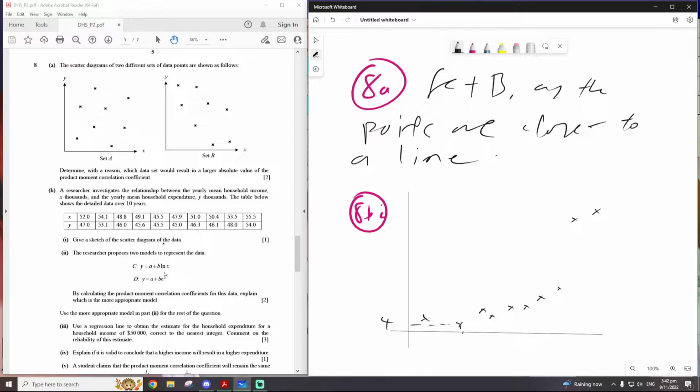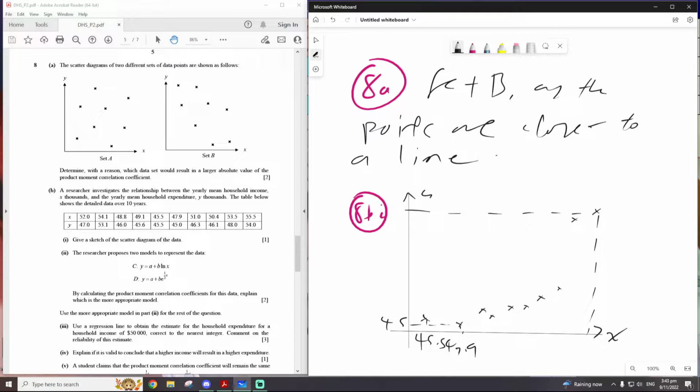This is 45, 47.9. Label the lower and upper bounds for each axis. Okay, this is 45.5.